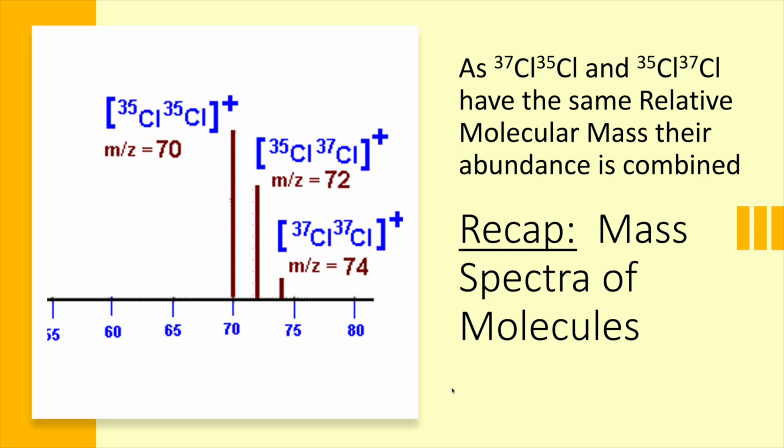But those 2 18.75% are now added on top of one another in the middle for that m/z 72 peak, and then a little one for that m/z 74.